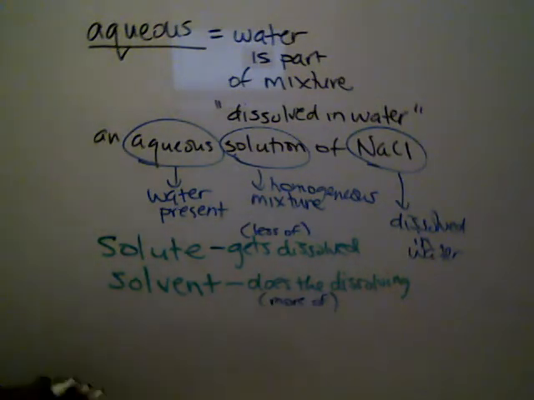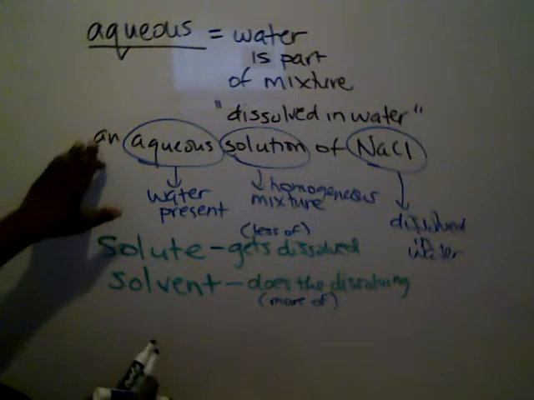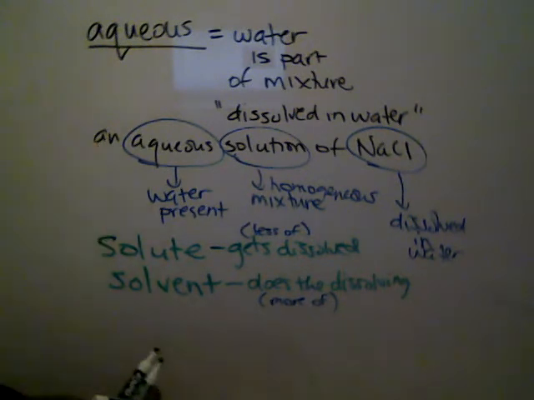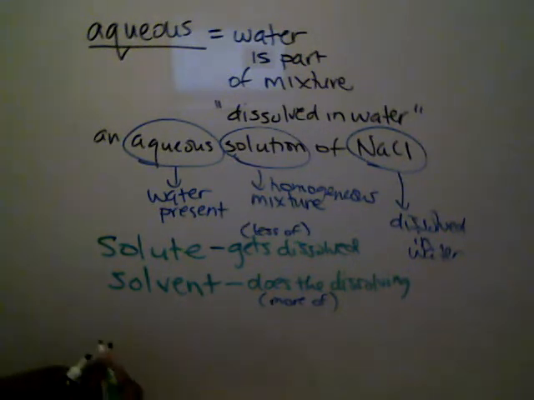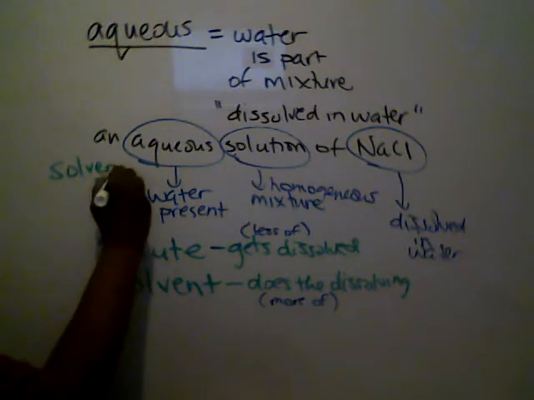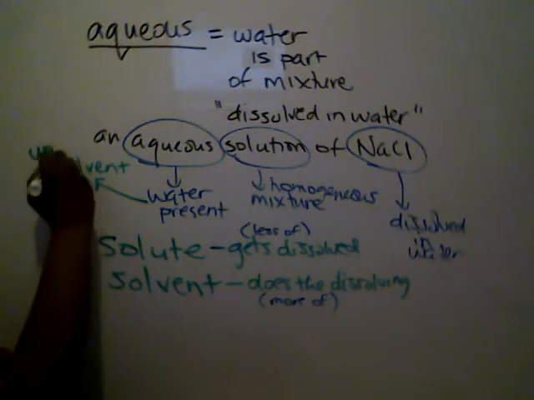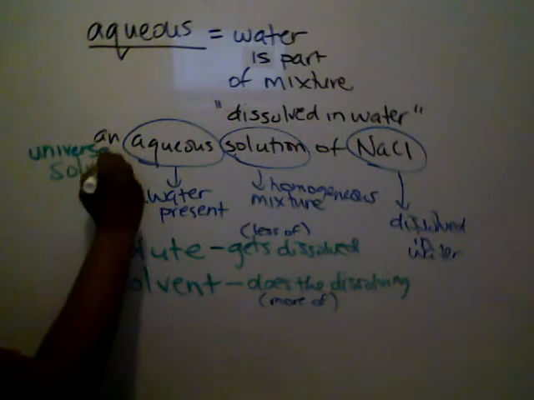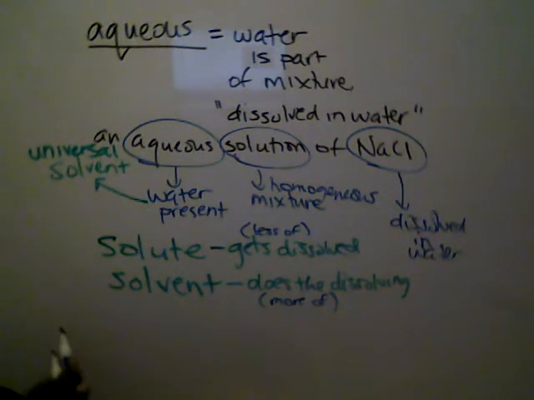So if we go back to our sentence, an aqueous solution of NaCl, water is always the solvent. Anytime you have a mixture and water is in it, water is your solvent. A lot of times we call water the universal solvent, and what that means is water is able to dissolve most things.